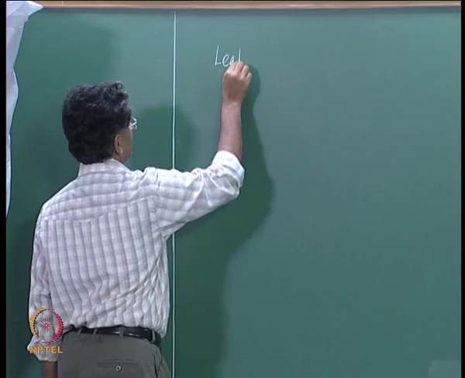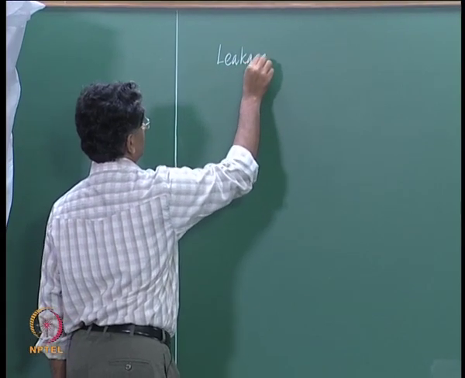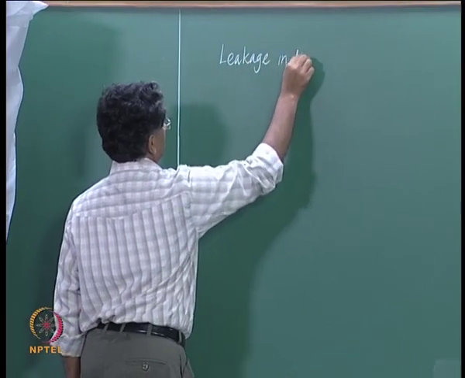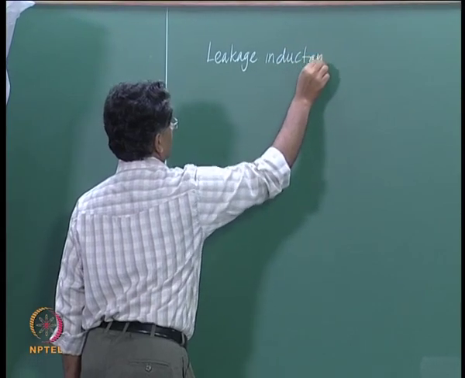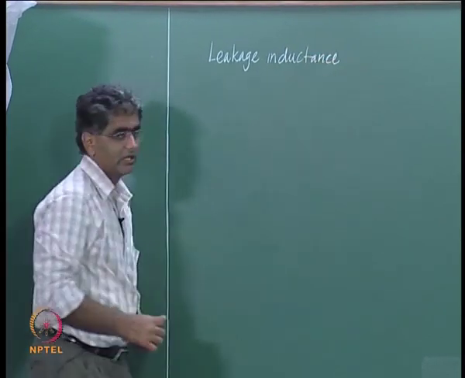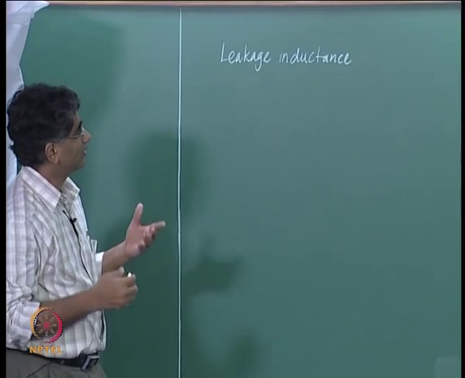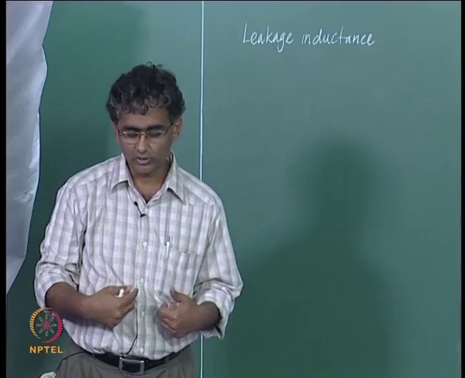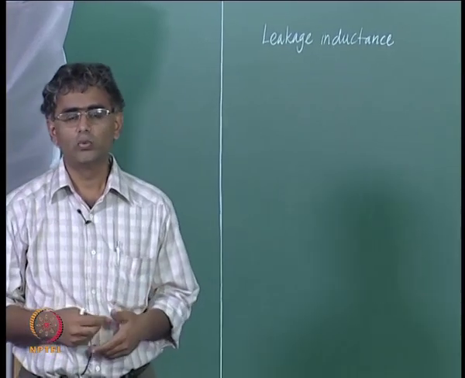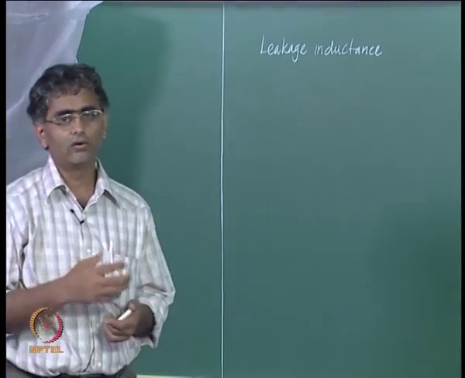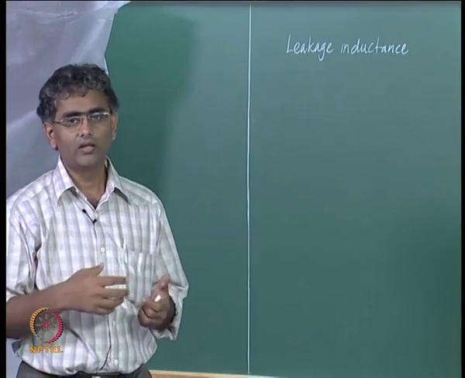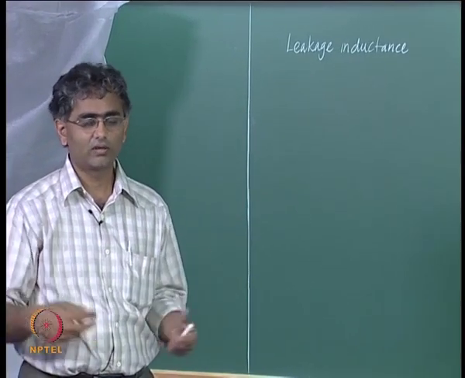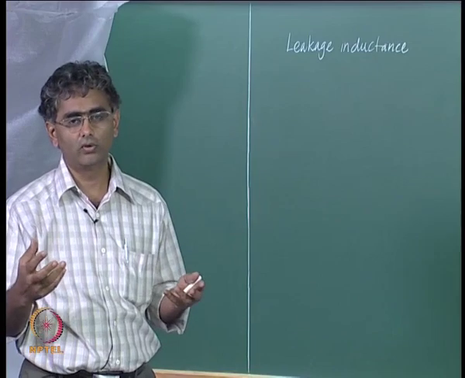One is the leakage inductance. The leakage inductance is the effect on the electrical network due to flux which is not really flowing through the iron and linking other circuits that may be there, but predominantly flowing through air.